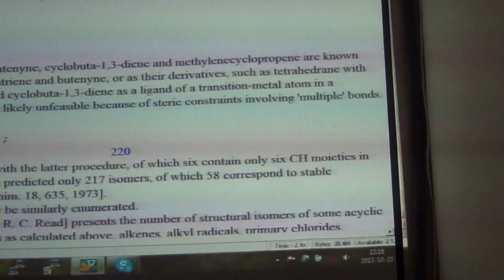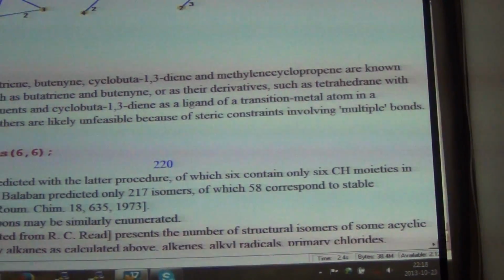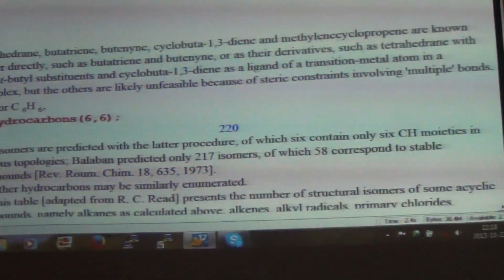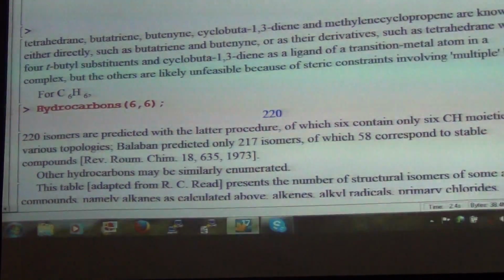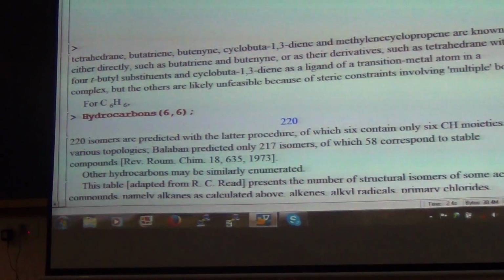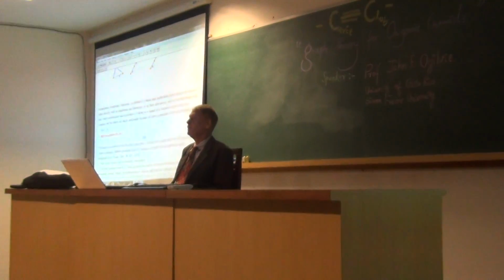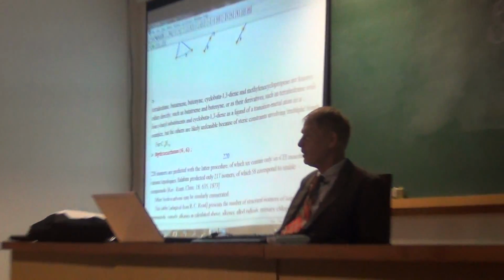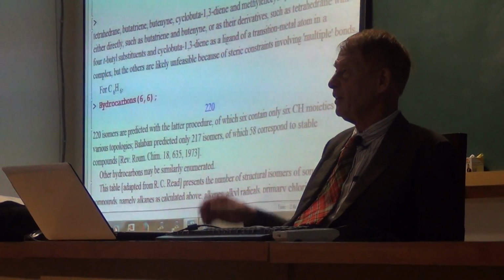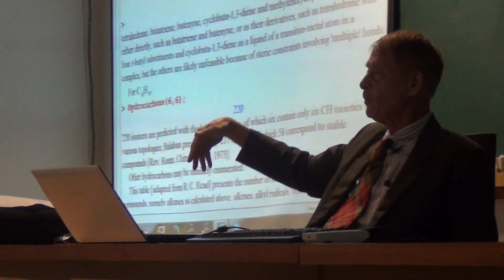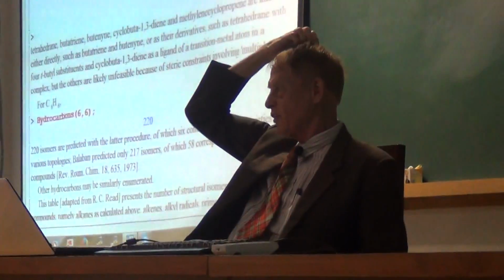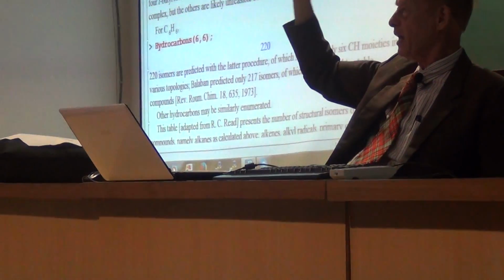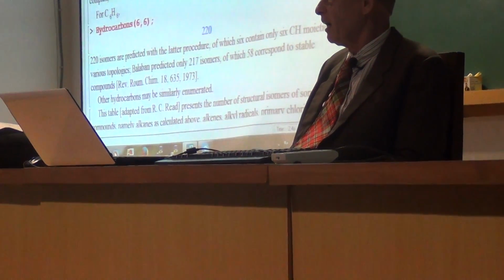Now there's a noted organic chemist in a Japanese electron optics company, NMR spectrometer, and they showed diagrams of these 217 isomers.